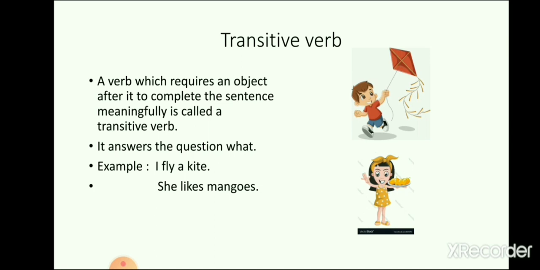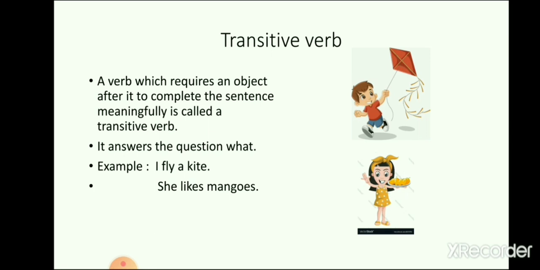Here is one example I have given you. I fly. I is the subject, fly is the action performed by me. Fly what? A kite. It is asking the question what? I fly a kite.